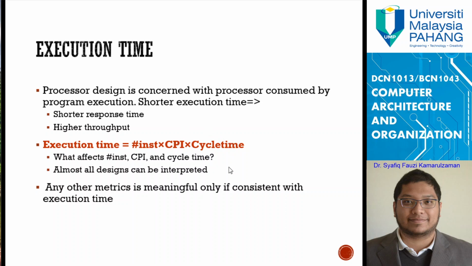So what affects the execution time? The number of instructions, the CPI, which is clocks per instruction, and the cycle time. Through this method, almost all designs can be interpreted as better or worse. Any other metrics are meaningful only if consistent with the execution time.